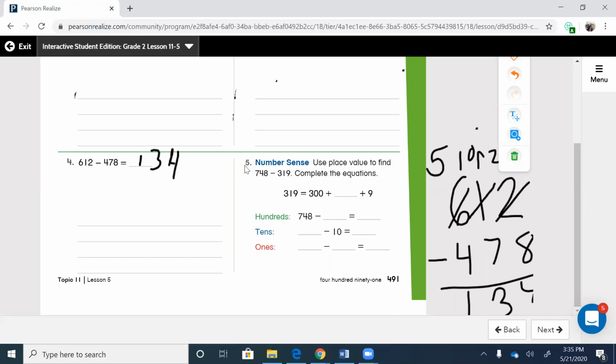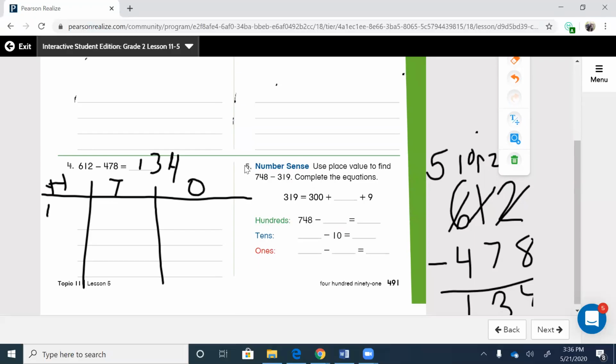Let's go ahead and draw this one out so you can really see how that regrouping works. That's one good thing about drawing it out, is you can really see the way you regroup. So the first thing we're going to do is draw our biggest number, which is 612. Draw 6 hundreds. 1, 2, 3, 4, 5, 6. 1 ten, 2 ones.